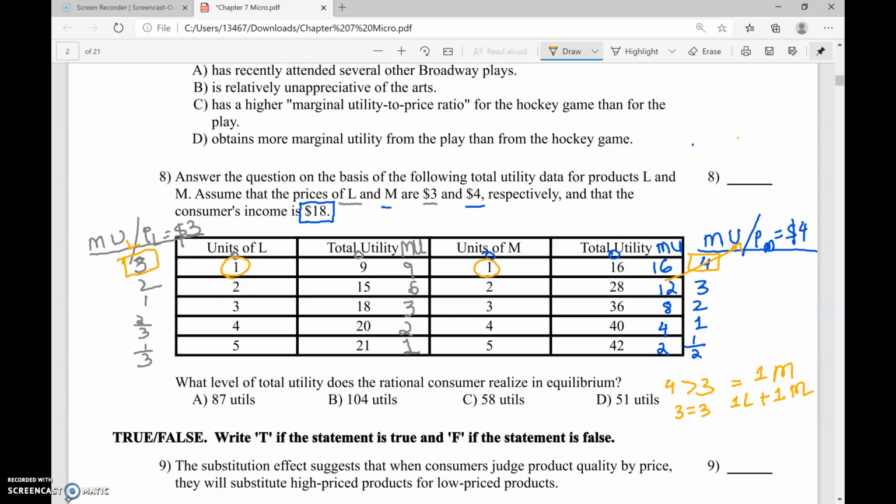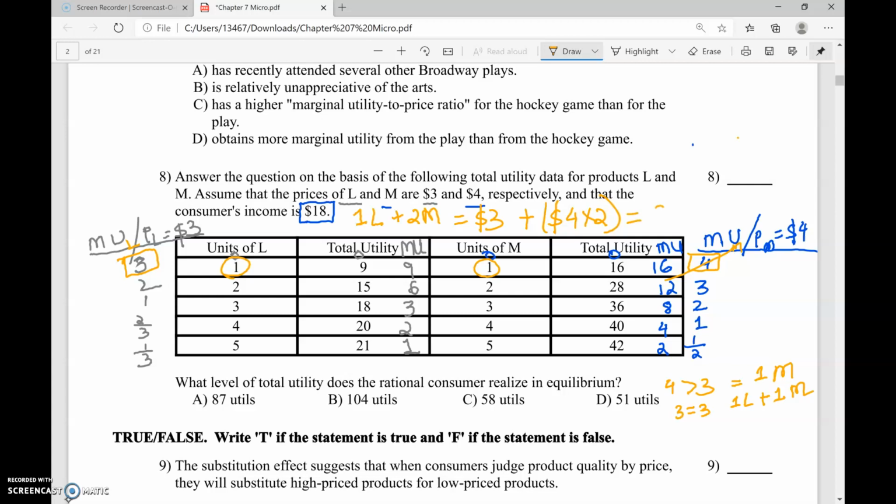So let's see how much money the consumer is spending by doing that. So the consumer so far is buying 1 unit of L and 2 units of M. So 1 unit of L costs the consumer $3. 2 units of M costs the consumer 4 times 2.